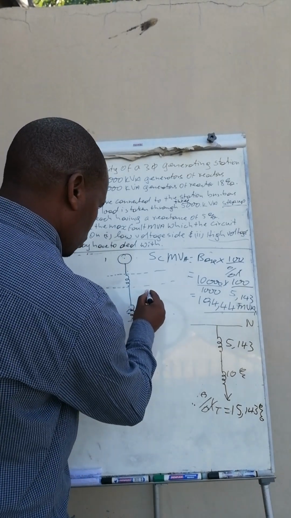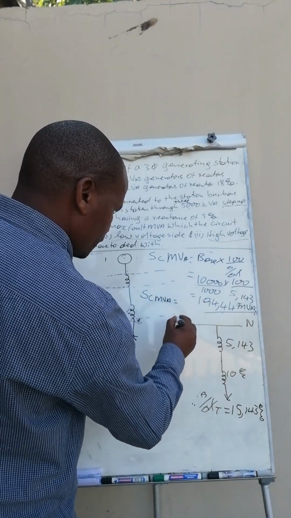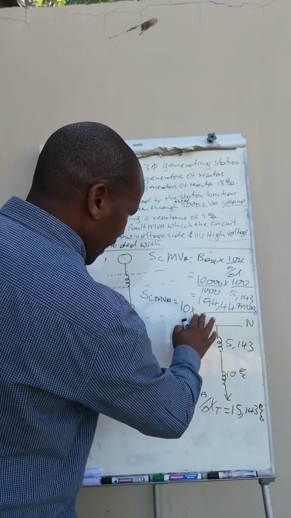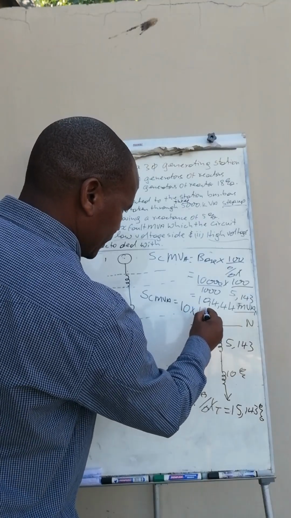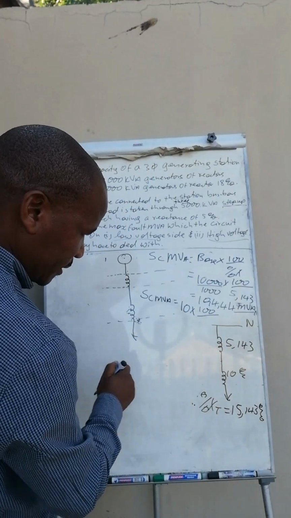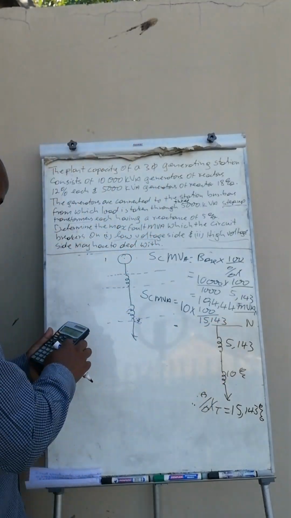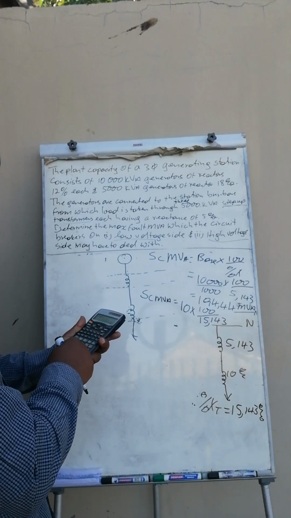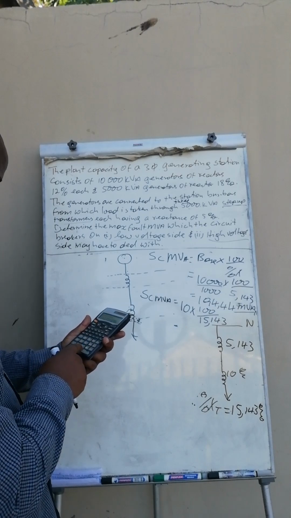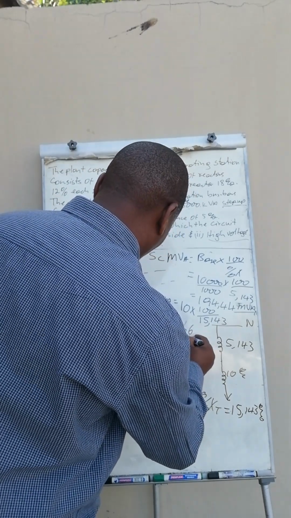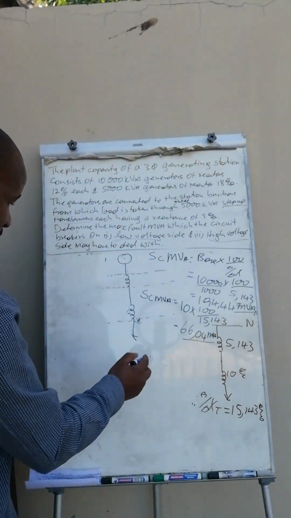So the short circuit MVA is equal to 10,000 divided by 1,000, which is 10, multiplied by 100 divided by 15.143, which is 66.04 MVA on the high voltage side.